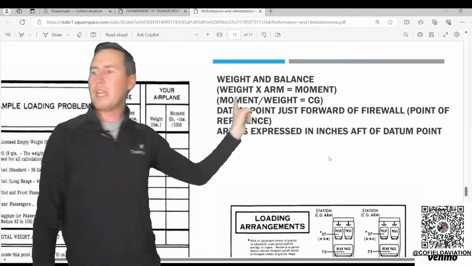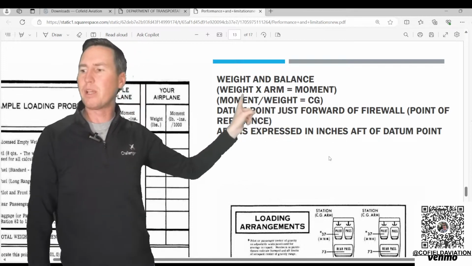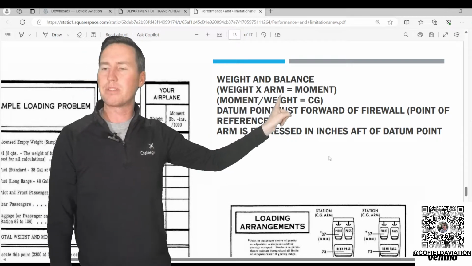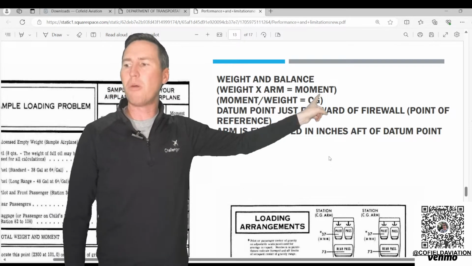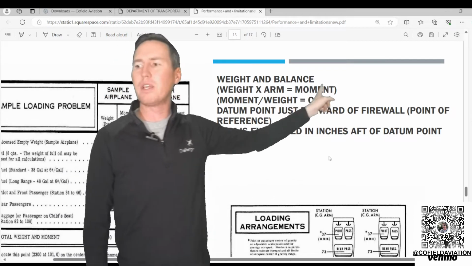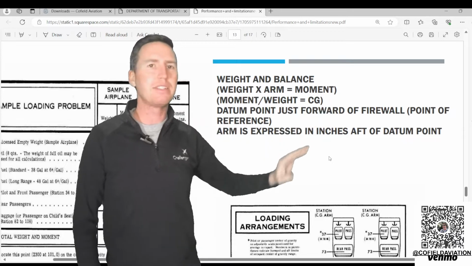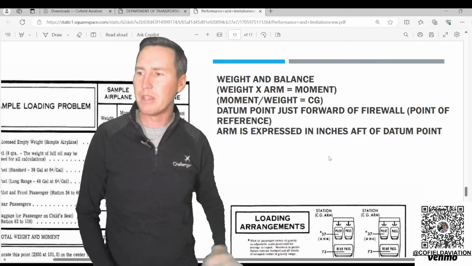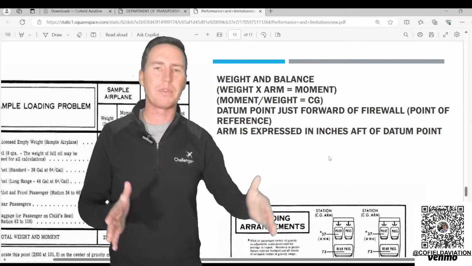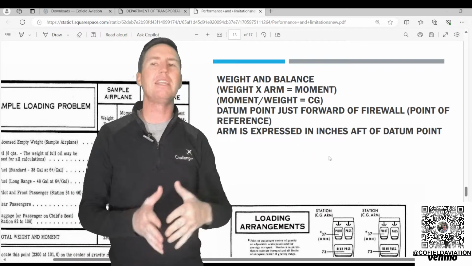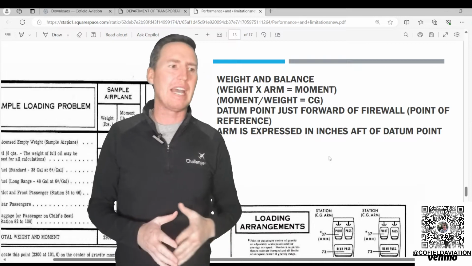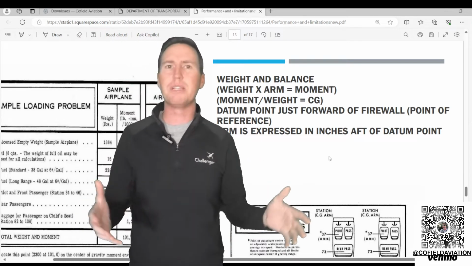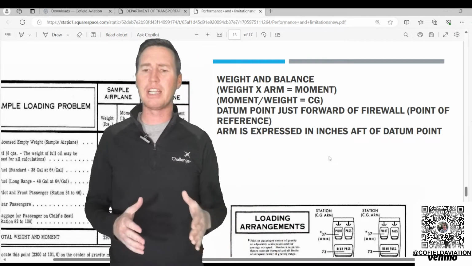So we said weight times arm, so simply weight times how far you are from the datum point equals moment. The only thing moment is, is the force applied, okay? So weight times arm equals the force applied equals the moment. Think about moment as if you have a rusty bolt or something you're trying to get off.